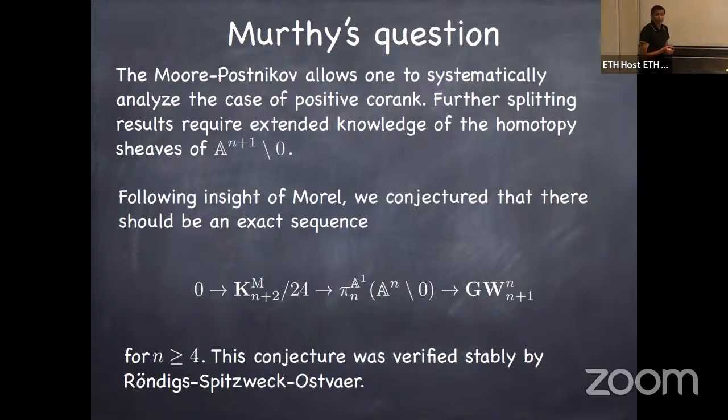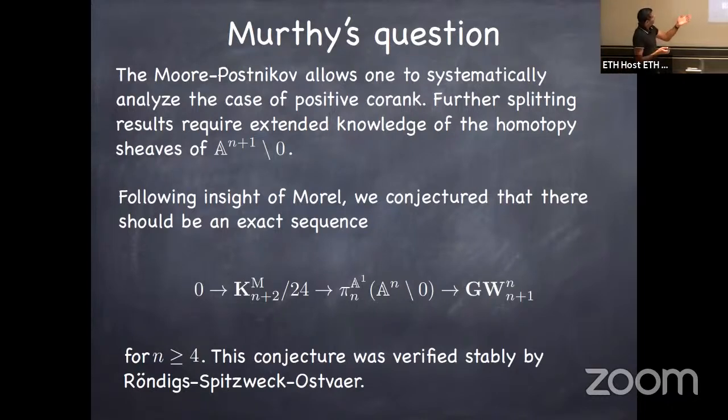There is some sort of stable range, but remember, there were two circles, and so stabilization is a slightly more complicated notion. So Morel actually made some conjecture about the first stable homotopy group of spheres, and that conjecture looked similar to this one right here, but that conjecture was verified by Röndigs, Spitzweck, and Østvær, and based on some geometric computations that we did, we made a conjecture about what the unstable homotopy sheaves of spheres were.